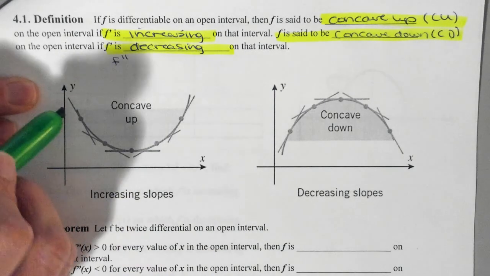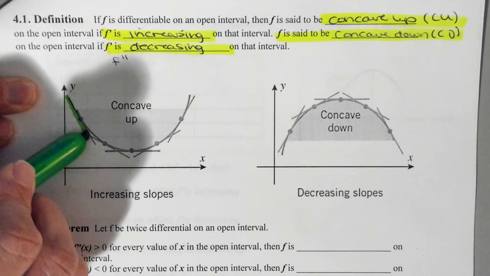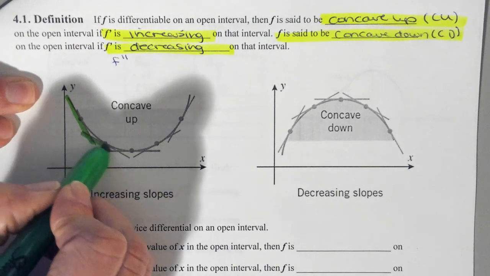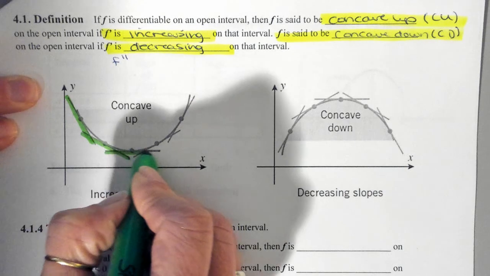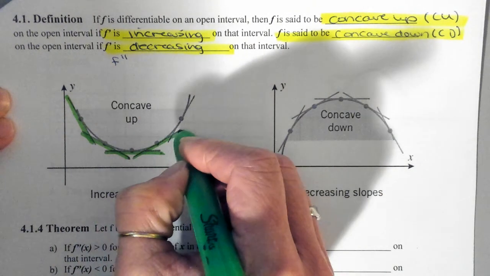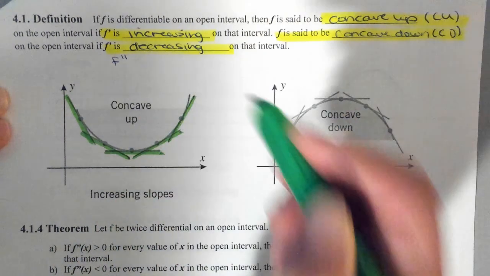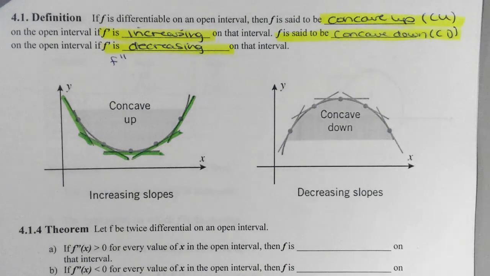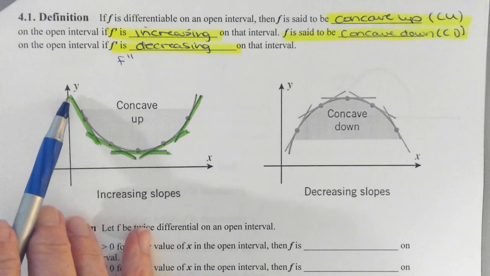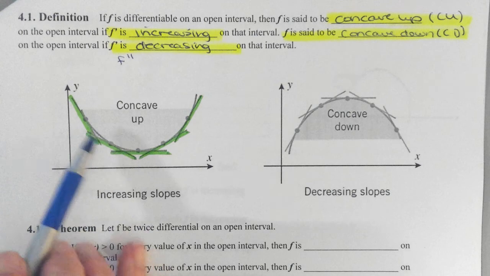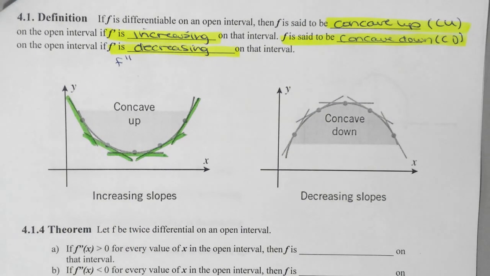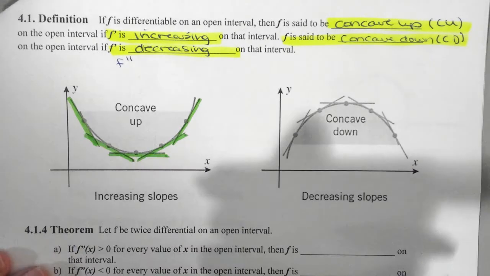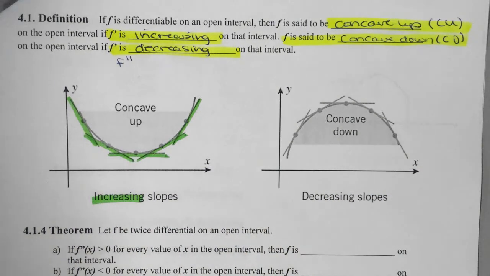So here we are. Right here, my slope is very negative, then just slightly negative. It changes to 0, then becomes positive, and then even more positive. So if you think about what's happening to your slope as you move from left to right, it goes from a lower value to a higher value, which means your slope is increasing. Does everyone understand what I'm saying?